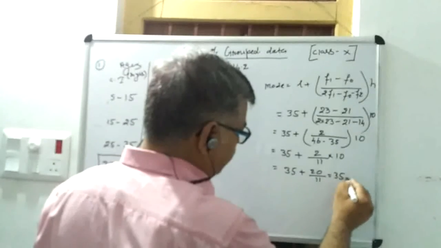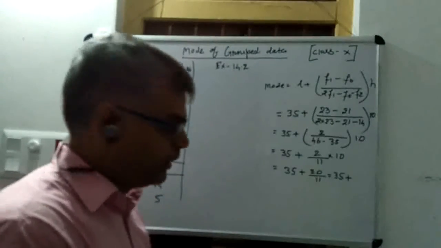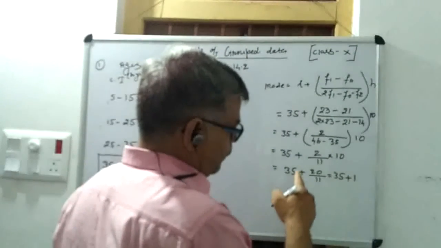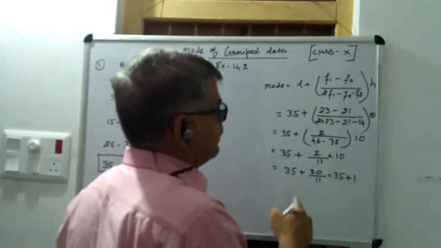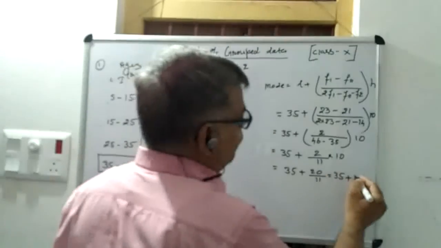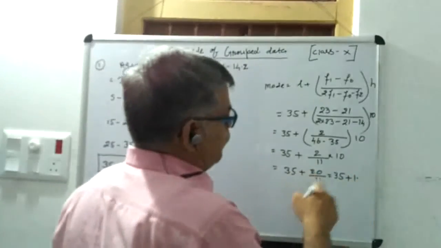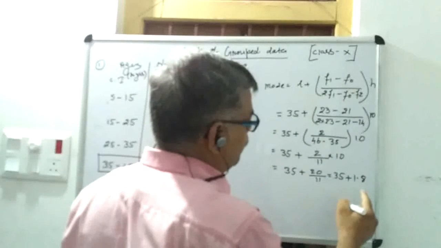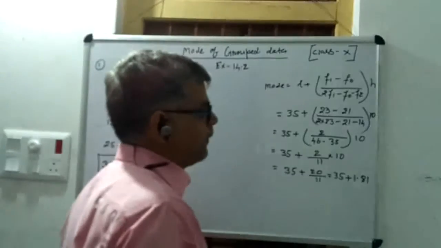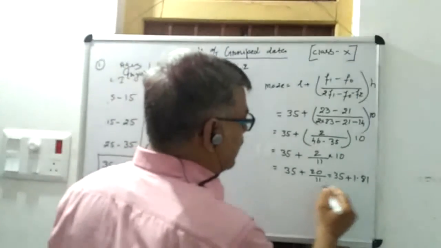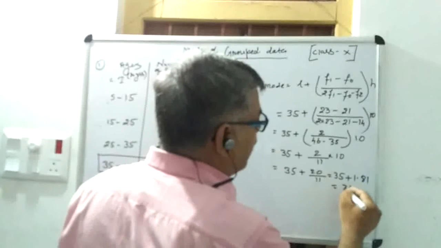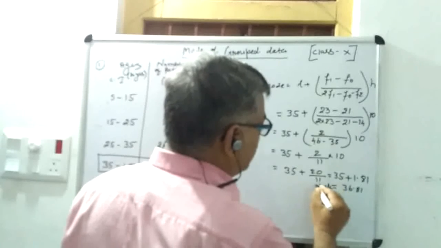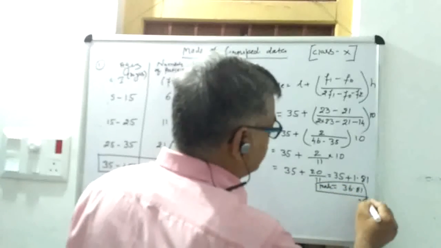When you divide 20 by 11, you get 1.81. So the mode value is 36.81, which is your required mode for this grouped data. So this is your answer.